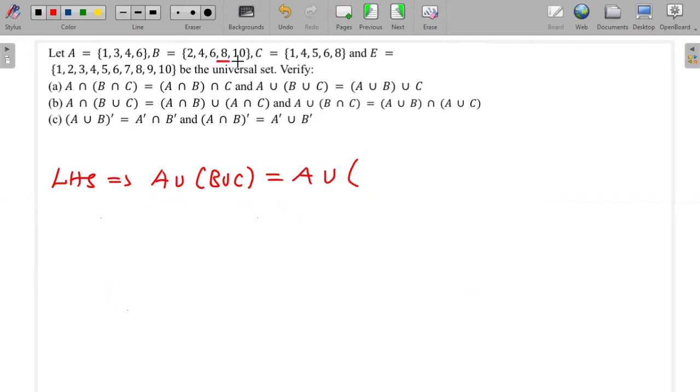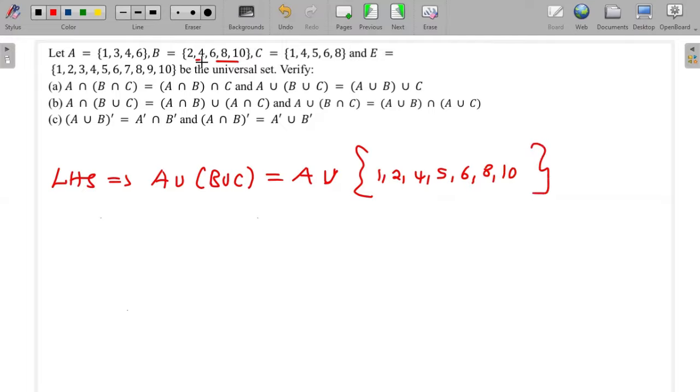So this is my B, and this is my C. So we get everything, we put it together. What are we going to have? Okay, that's what we're going to put in that set. So I'll just write these in order. So 1, 2, 4, 5, 6, 8, and then 10. Okay, so that is my B union C.